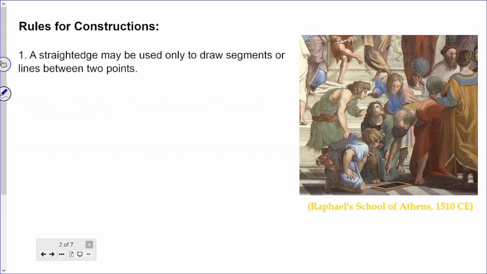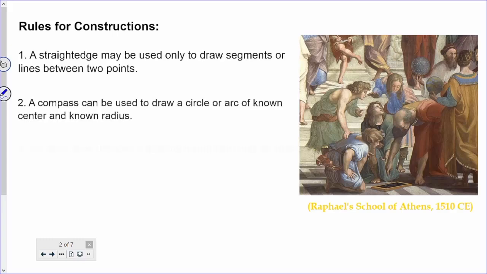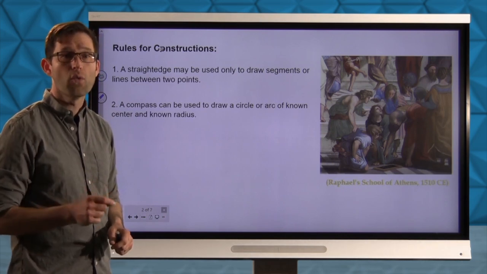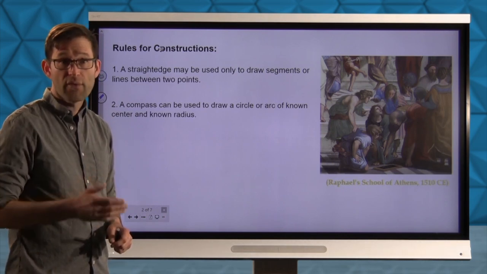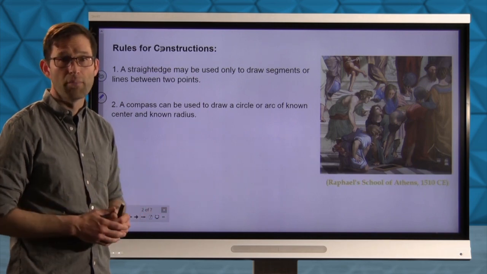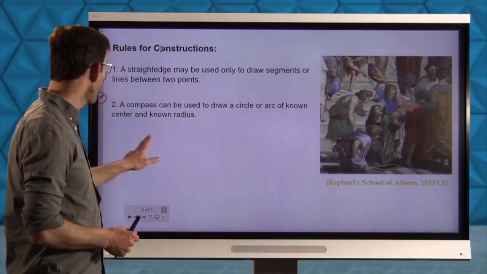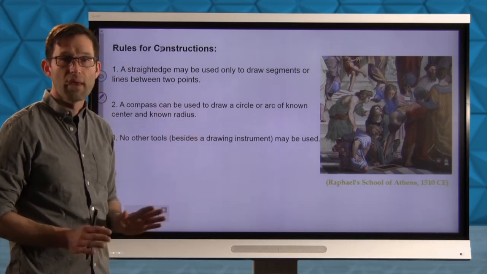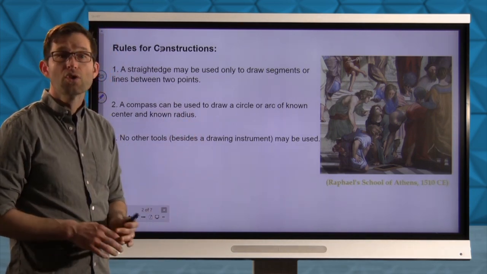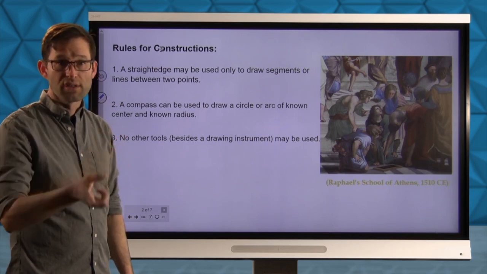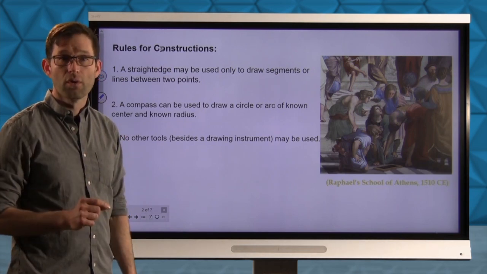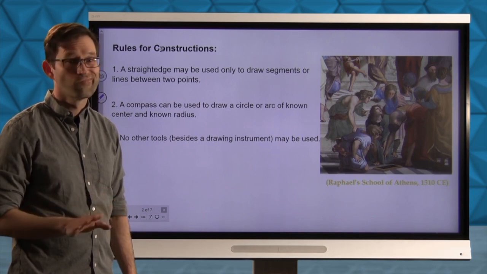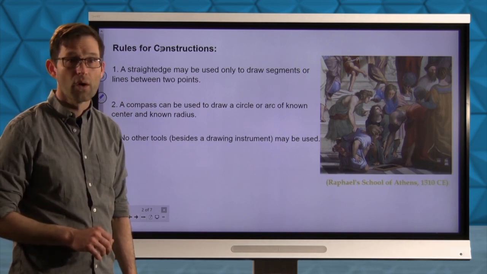Second, a compass can be used to draw an arc or a circle of a known center and a known radius. You've got to have that compass. And finally, no other tools except a drawing instrument may be used. So you've got your compass, which draws circles or arcs of a circle, and a straight edge, which you can use to draw line segments, and that's the whole deal.